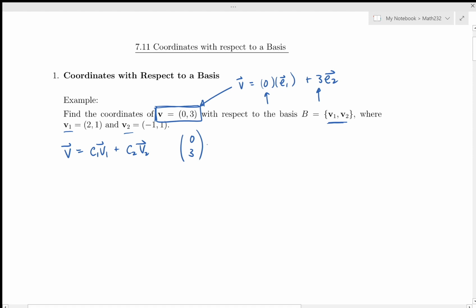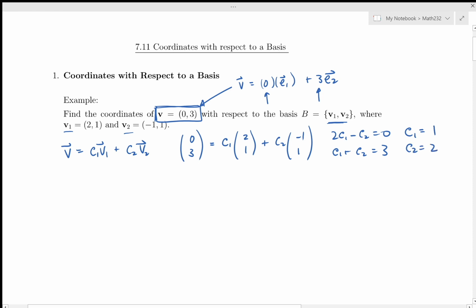We want to write the vector 0, 3 as a linear combination of v1 and v2. That gives me two equations and two unknowns: 2c1 minus c2 is 0, and c1 plus c2 is 3. That tells me that c1 is equal to 1 and c2 is equal to 2.